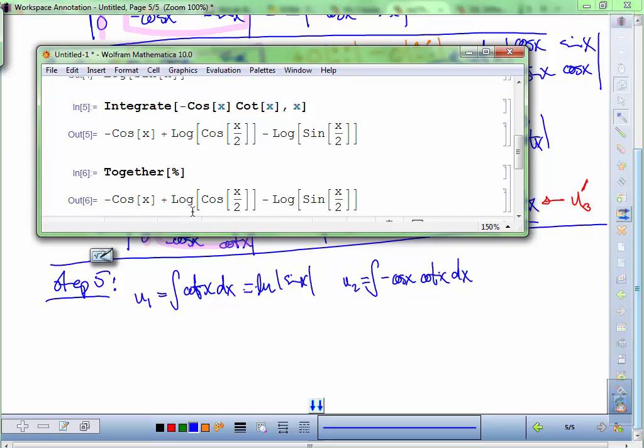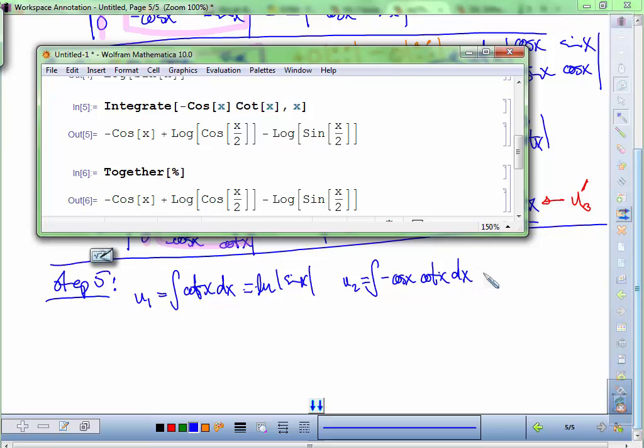The ln of this thing minus ln of this thing is going to be ln of a quotient. So just to simplify it a bit, ln of cotangent is cosine over sine, so why don't I just write that?